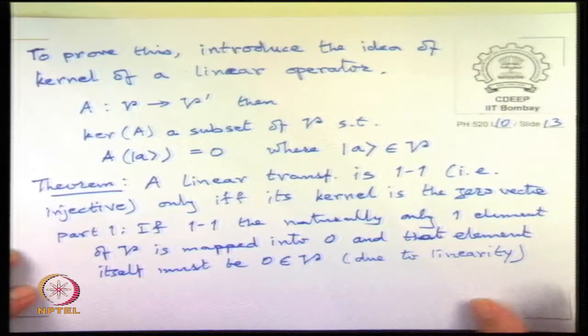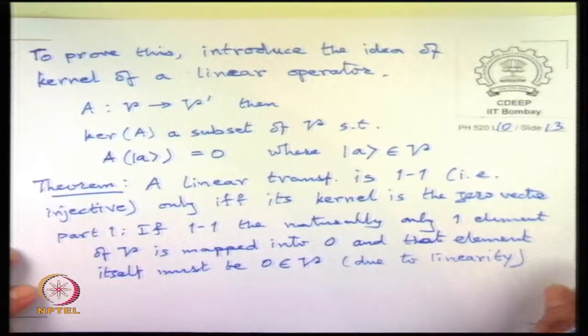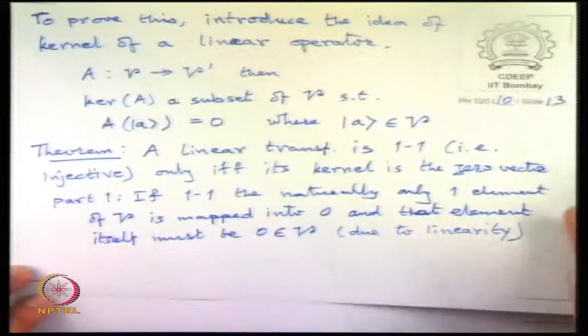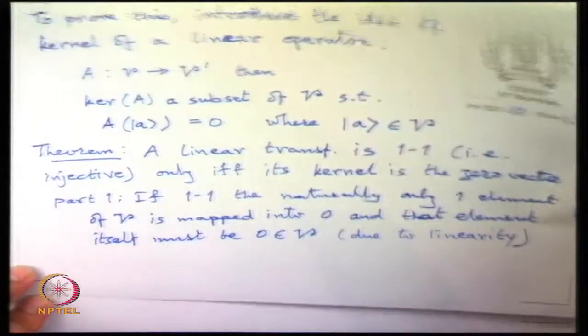Part 2 is the opposite, which is that if the kernel is 0 vector, then it has to be 1 to 1.